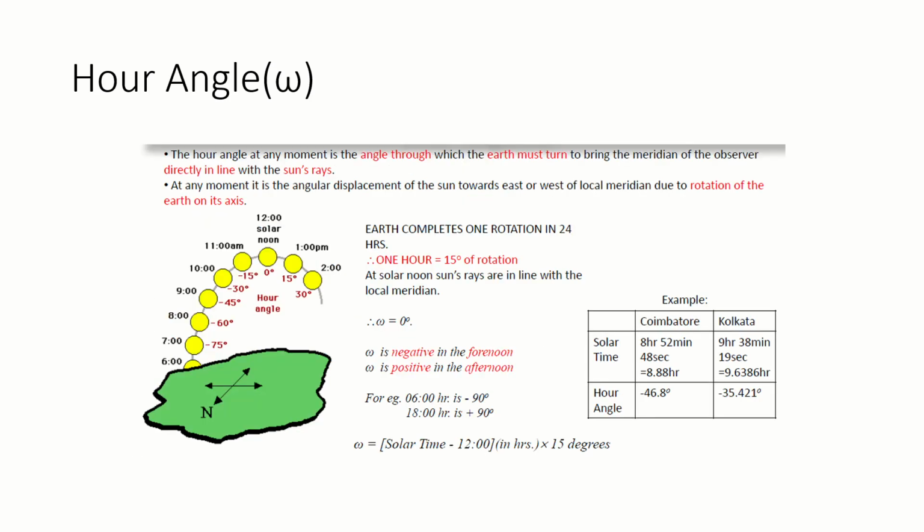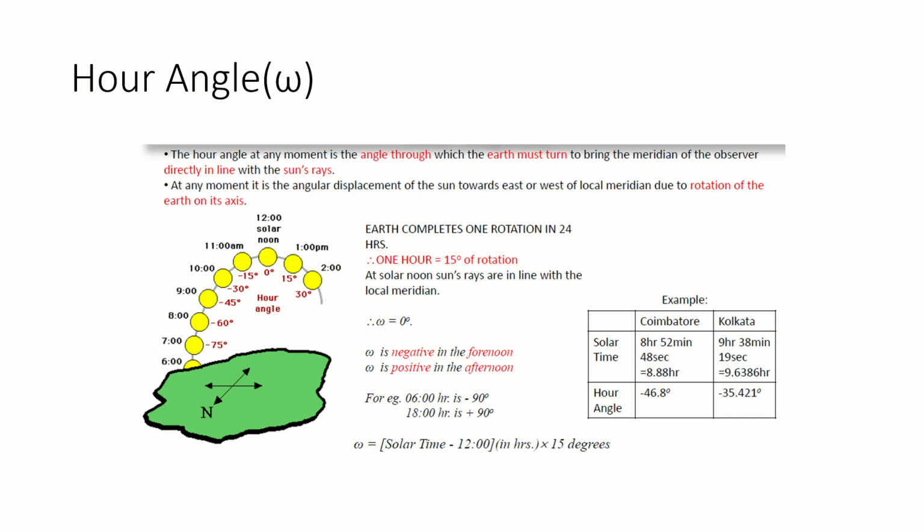Hour angle omega is the angle through which the Earth must turn to bring the meridian of the observer directly in line with the sun's rays. It is the angular displacement of the Earth towards east or west of local meridian. This happens due to the rotation of the Earth on its axis.